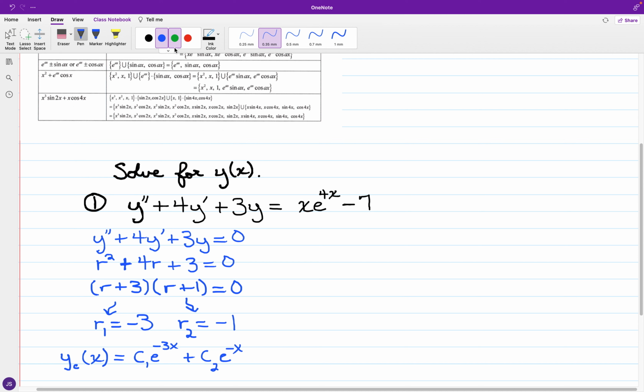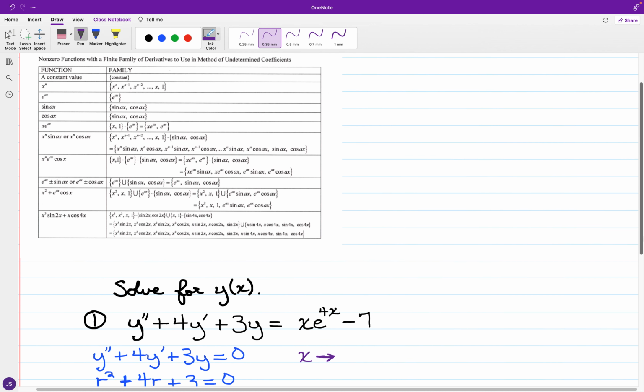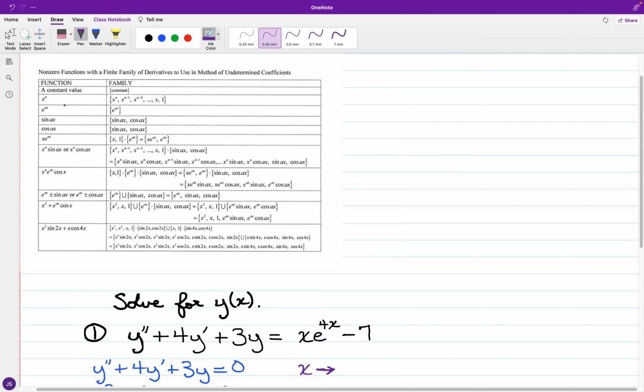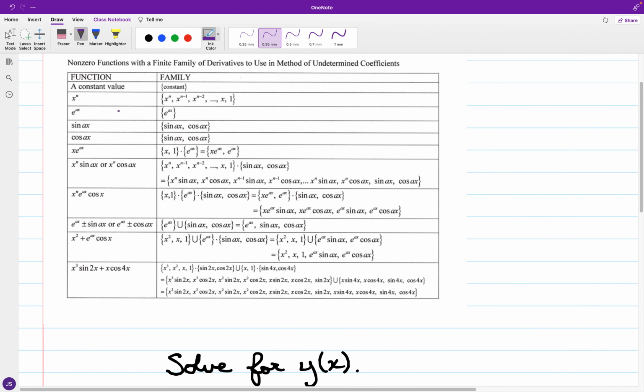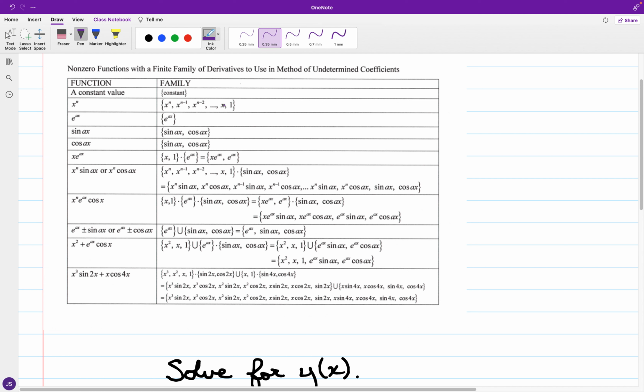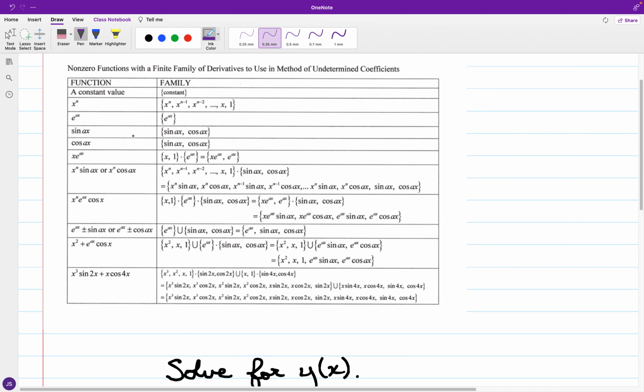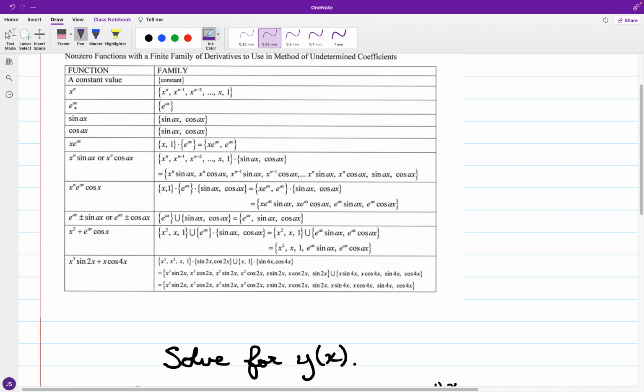Now for what we have on the right hand side, if we look at x times e to the 4x and negative 7, so again we have x and e to the 4x. If we draw from the family of derivatives, we have x in the family of x to the n, going from x to a constant, and e to the 4x is in the e to the ax family.